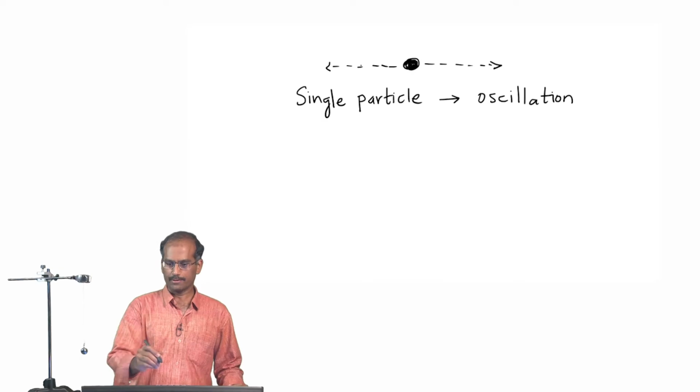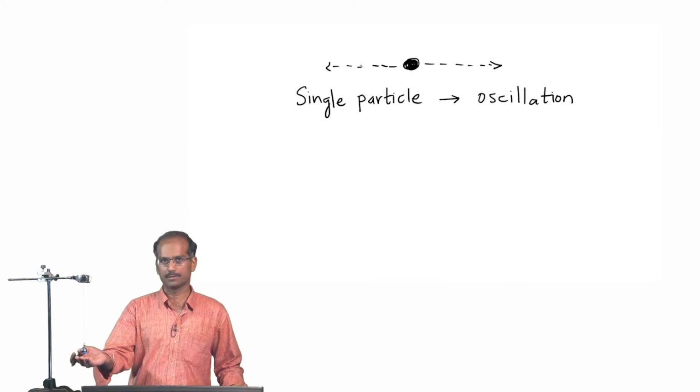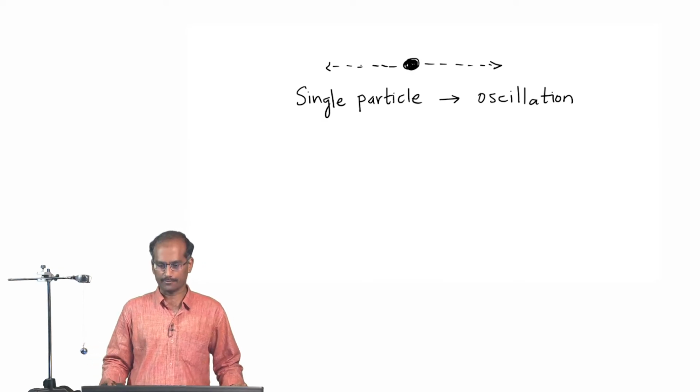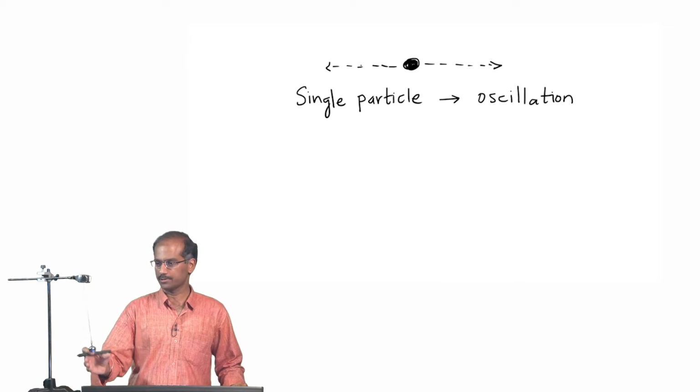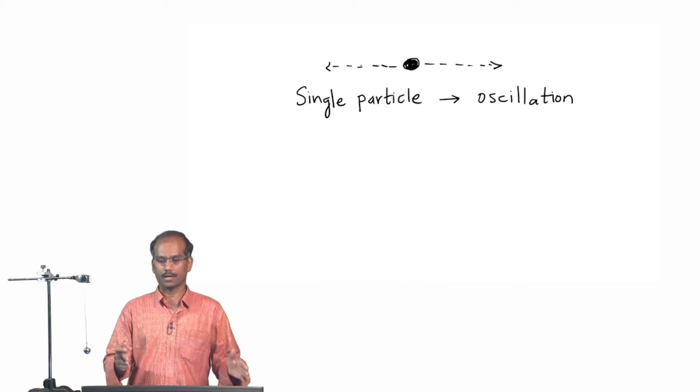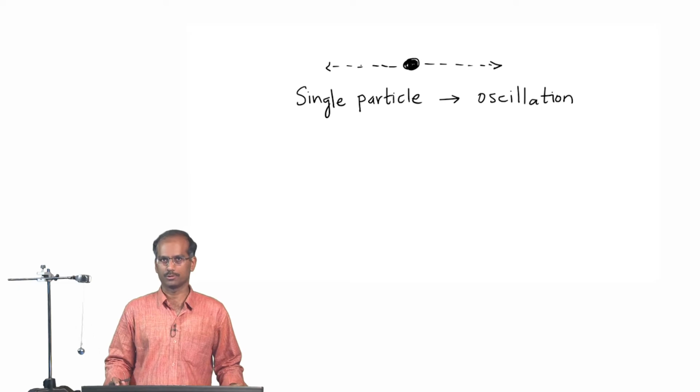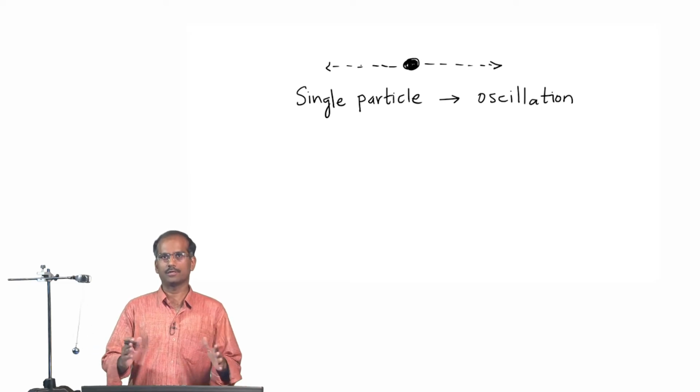Okay. So, I have a single particle very much like this bob of a pendulum that I have here, and if I let it oscillate, it oscillates around some mean position to and fro. So, that is an oscillation for us, an oscillation that does not really go off to infinity or go off really far from where I am.